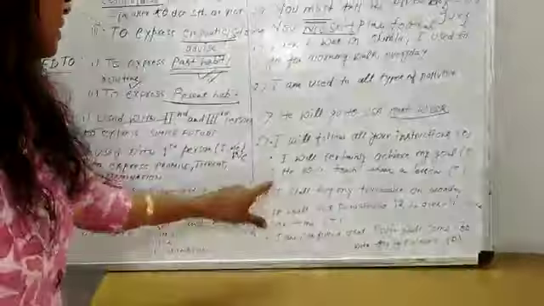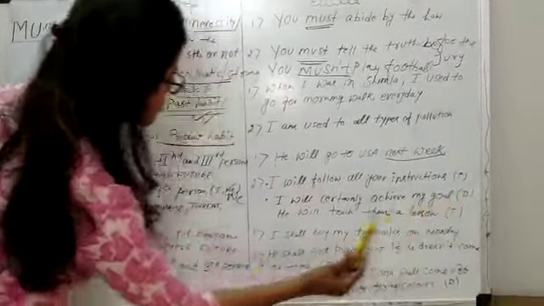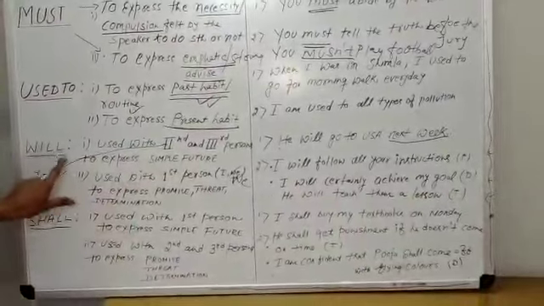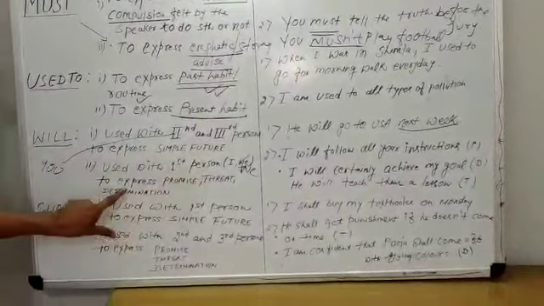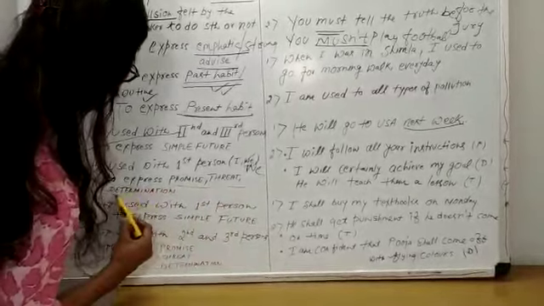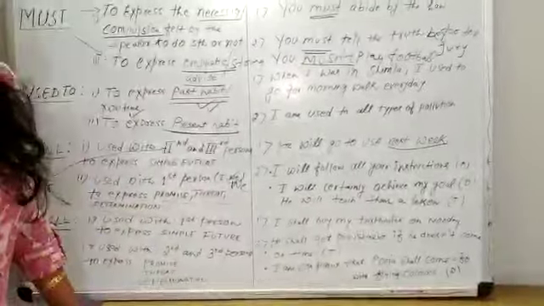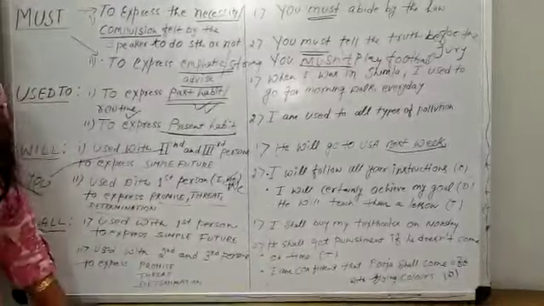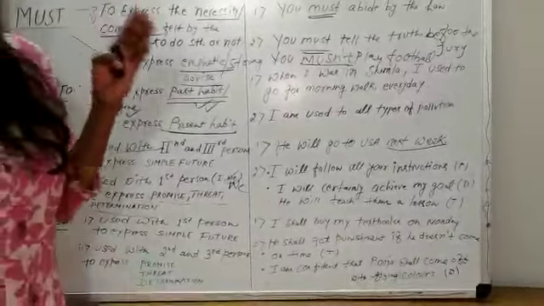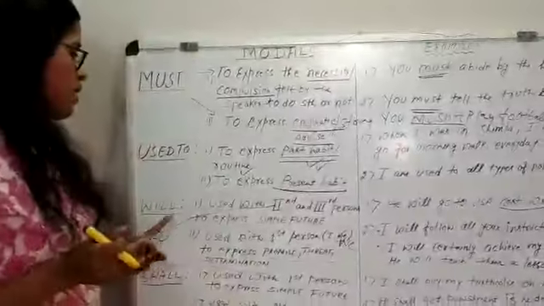So you will make a sentence here. First person: I will follow all your instructions. So will is used with the first person to express promise, threat and determination. When you are using first person and you are promising somebody something, in that scenario you will use will with first person.